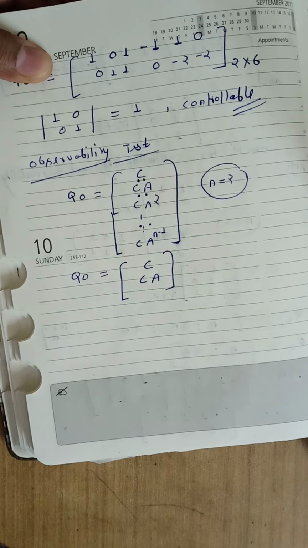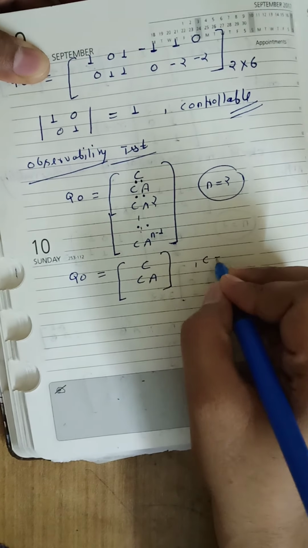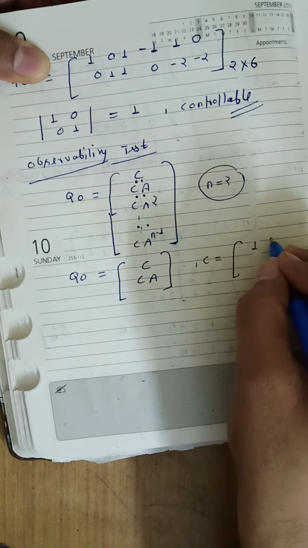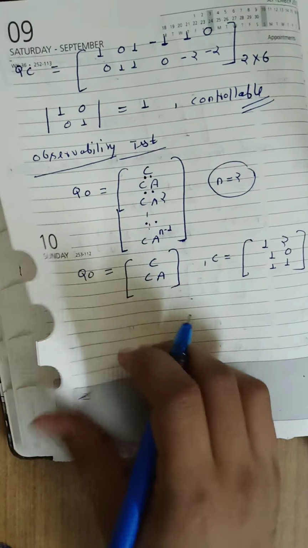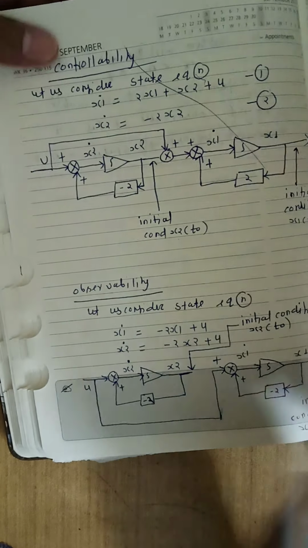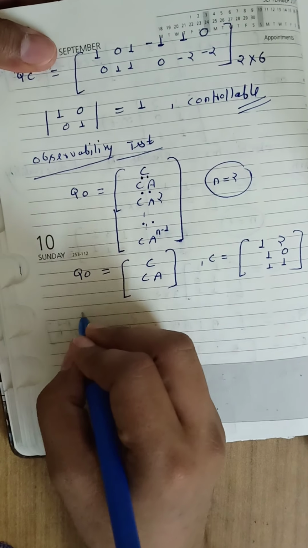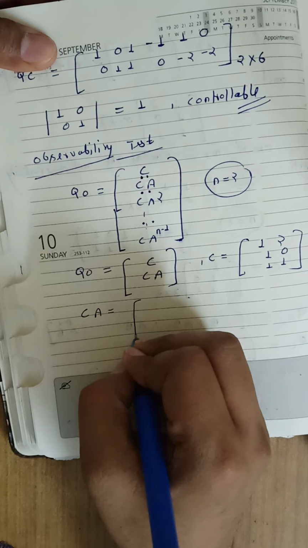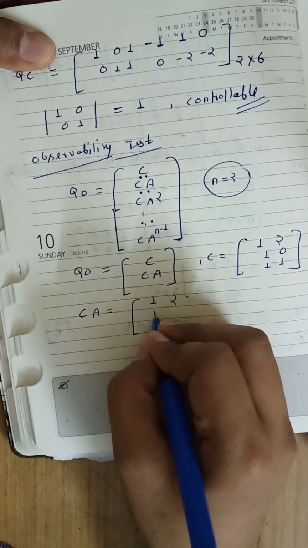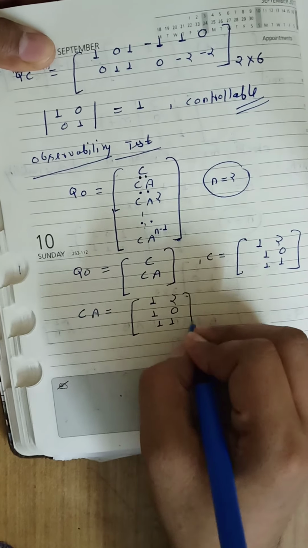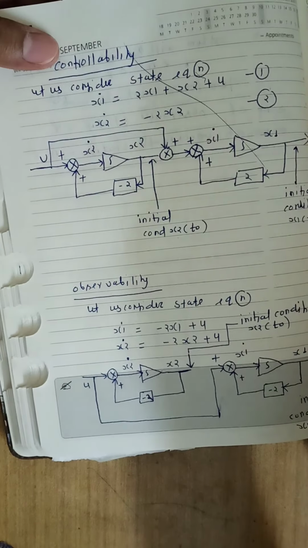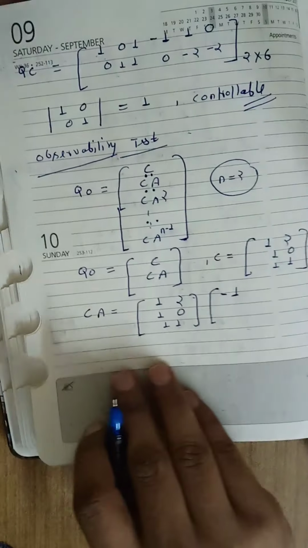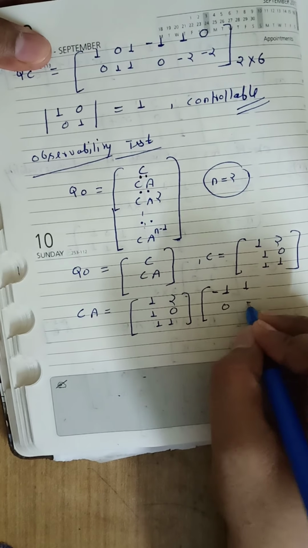Matrix C we already know. It is [1, 2; 1, 0; 1, 1]. Now let us calculate CA. C we already know, it is [1, 2; 1, 0; 1, 1]. Matrix A we already know, it is [-1, 1; 0, -2].